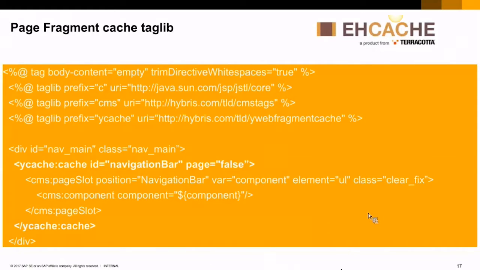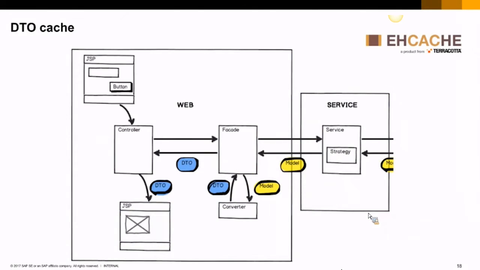So you will do a tag lib that is based on EH cache behind the scenes, and this way you can encapsulate the specific fragment of your web page that you want to cache. And this is very flexible because you can control the key of the cache for this component, and on the key of the component you can variabilize as much as you want to be sure that you don't cache the same thing for all users.